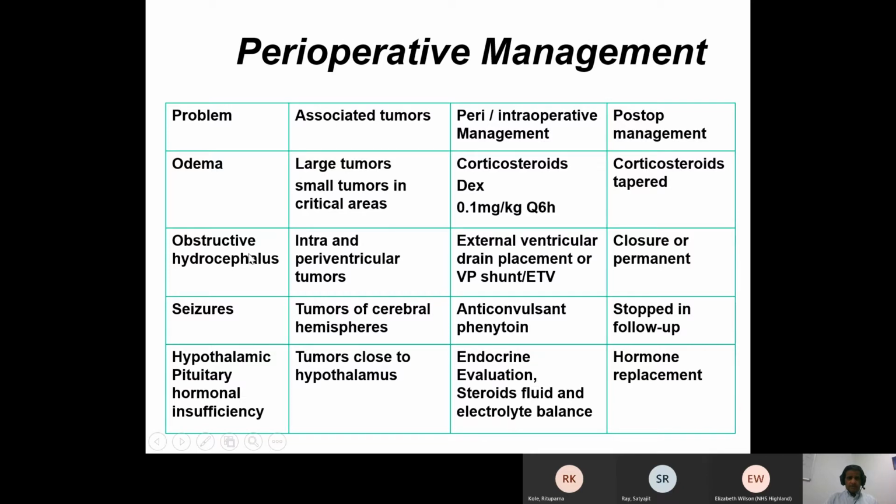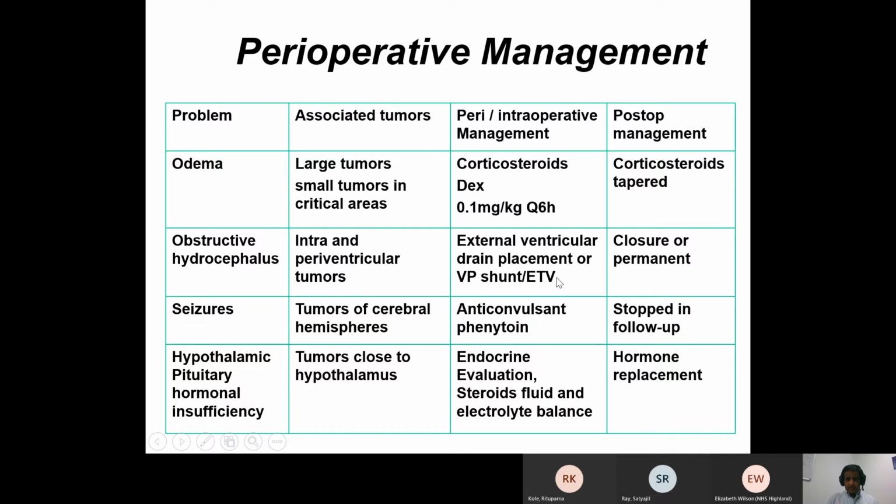Sometimes they are very unwell when they present with obstructive hydrocephalus, severely raised intracranial tension. They end up in ITU through the A&E, and they often get a CT scan under GA, and they get shifted to ITU or to theater directly. Neurosurgeons get involved, and they have to do an urgent procedure. Intraventricular and periventricular tumors are the ones that cause it, and they have to do an extraventricular drainage, EVD, or ETV, endoscopic third ventriculostomy.